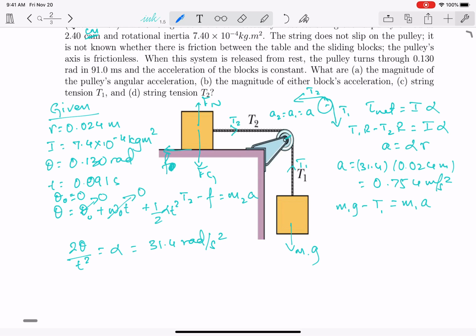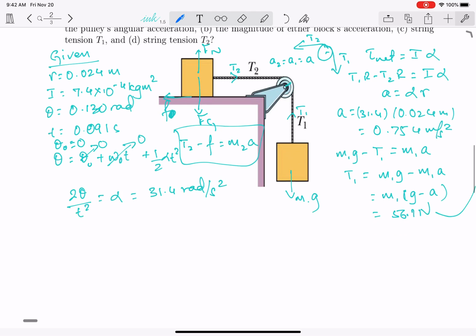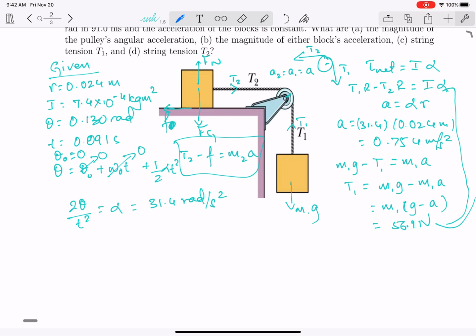From that you can find T1. T1 equals M1 g minus M1 A, so M1 times g minus A equals 56.1 newtons. Now we need to find tension 2. Instead of using this part here with friction, we can directly plug into this equation here to find tension 2.